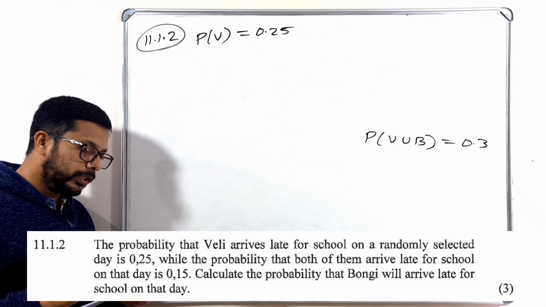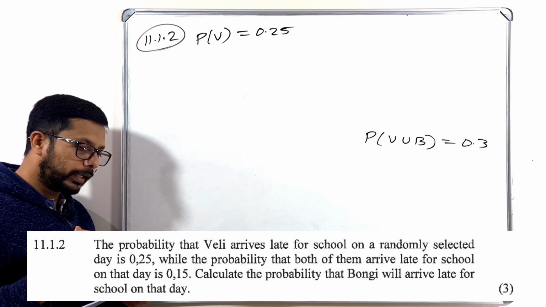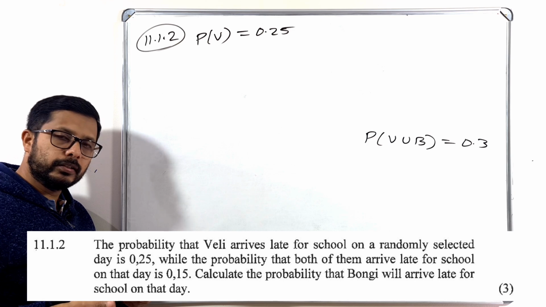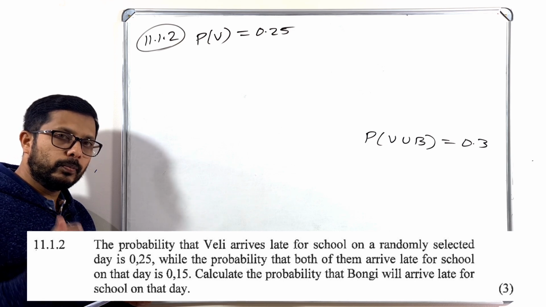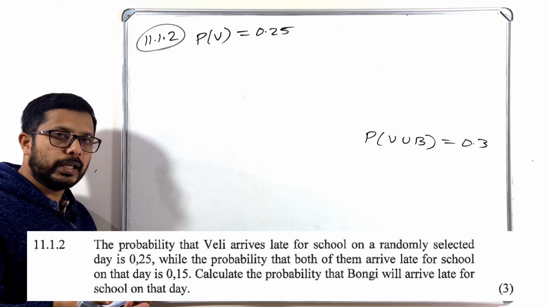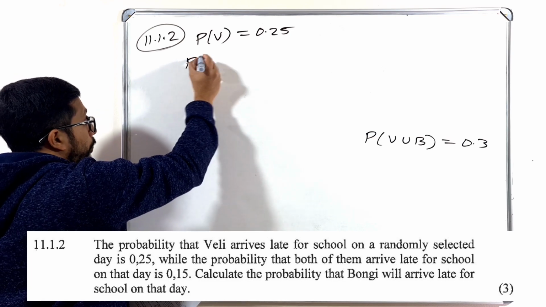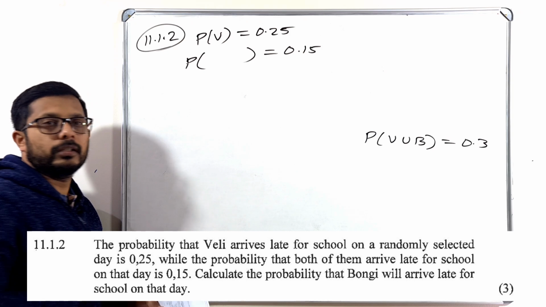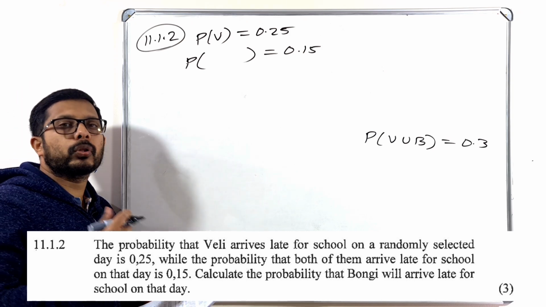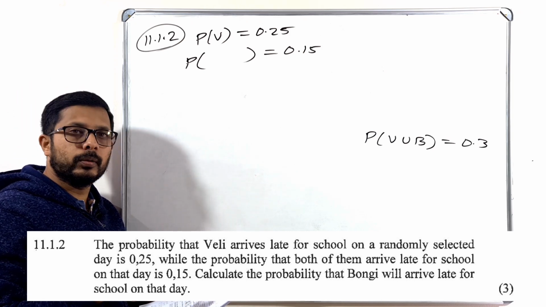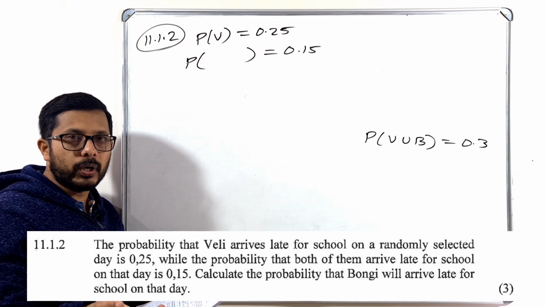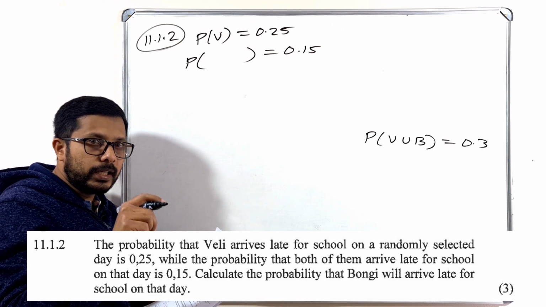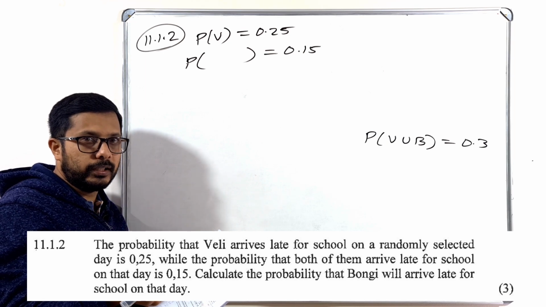Then what else is given? The probability that both of them arrive late for school on that day is 0.15. What is the meaning of that? Both of them means both Valley and Bongani.